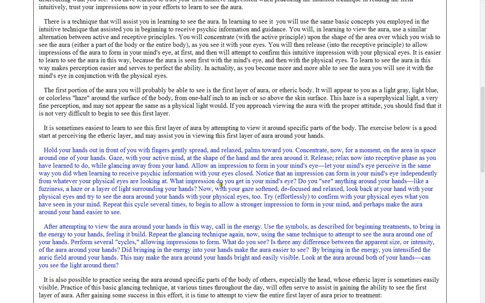What impression do you get in your mind's eye? Do you see anything around your hands, like a fuzziness, a haze, or a layer of light surrounding your hands? Almost like a mist or light smoke.